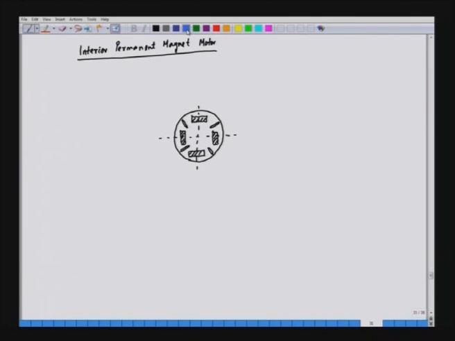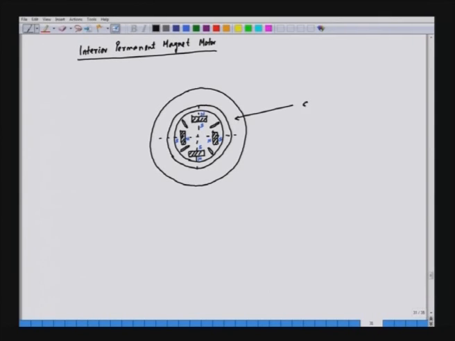So, this is a north pole, and we have a south pole here. Again we have a north pole and again a south pole. We have the stator structure. So, this is the stator, and this one is the rotor.